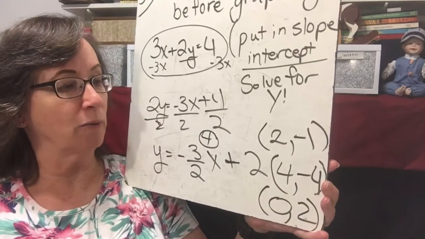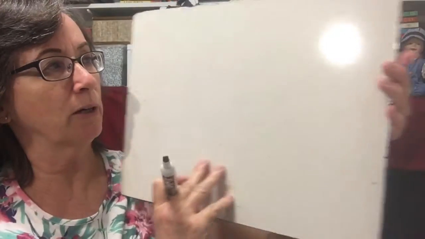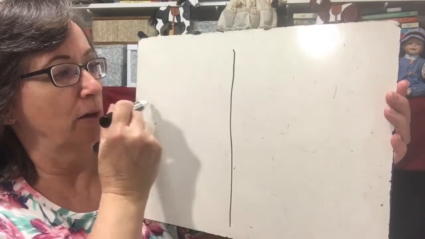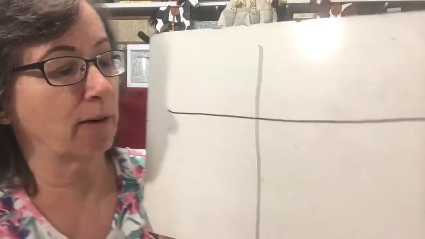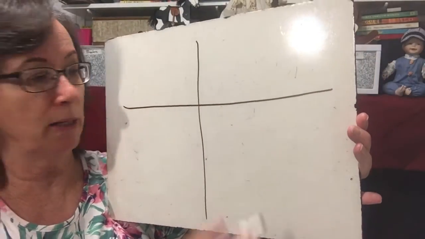Okay, so now we're going to get our graphing board here, nice clean board, and we're going to put those 3 points on the board and more easily graph the line. So one of the points was 2, negative 1.